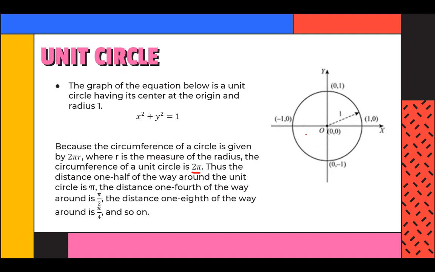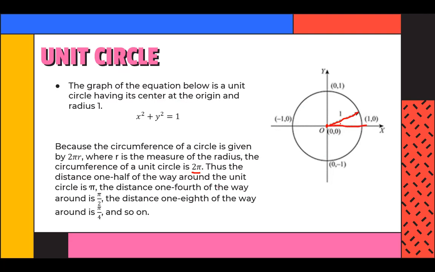And if you recall from your Grade 10 mathematics, you discussed before the central angle. The central angle is the angle whose vertex is at the origin, right? For example, we have this angle, AOB.